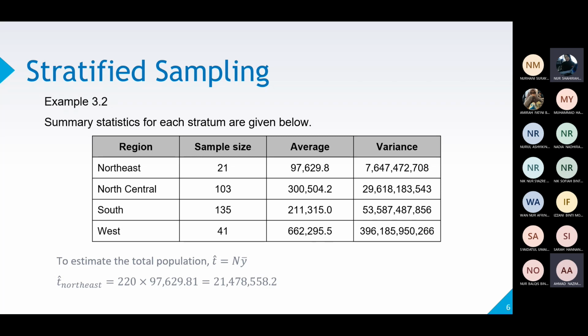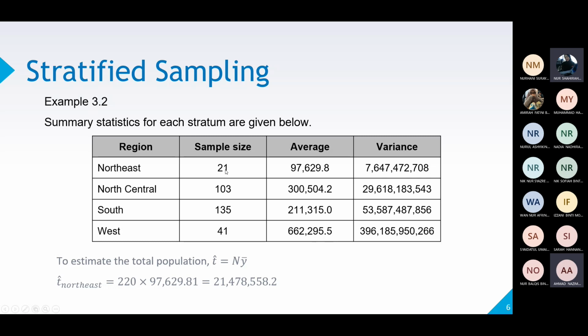So this is the summary statistics table for each region or each stratum. Since we have the sample for each region, we can calculate the average and variance of each region.